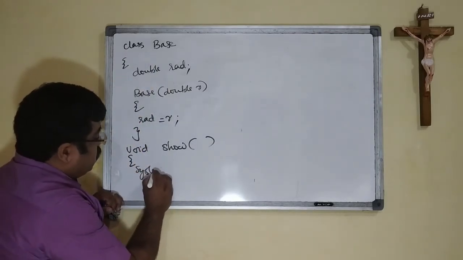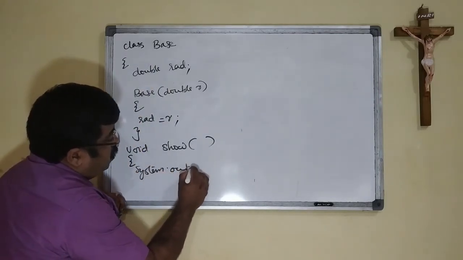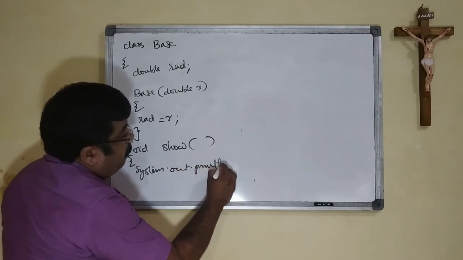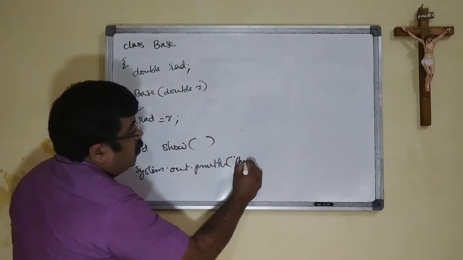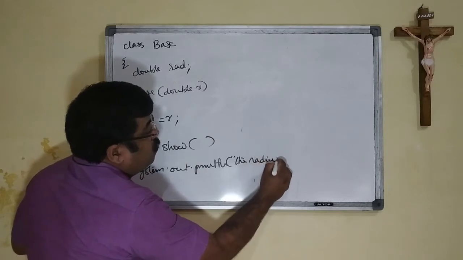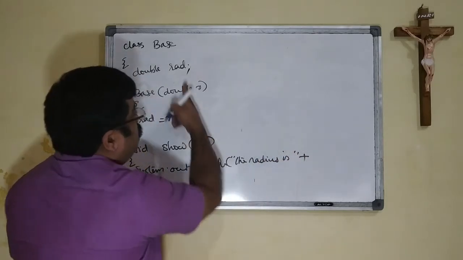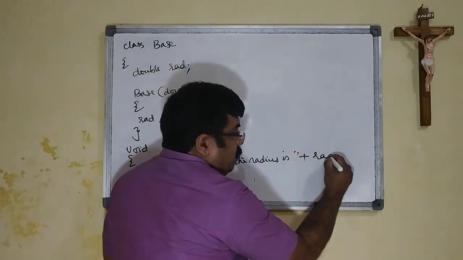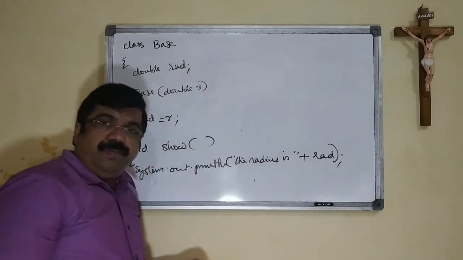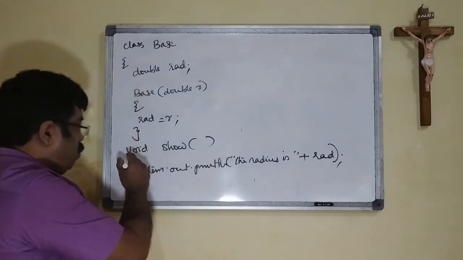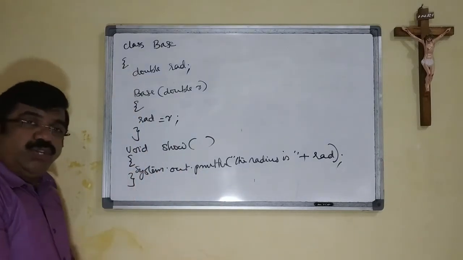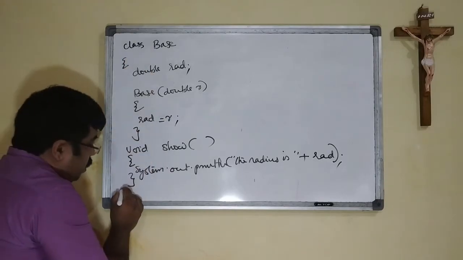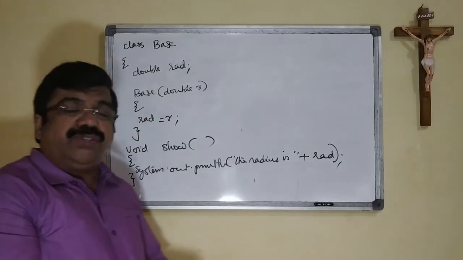System.out.println("The radius is " + the variable I displayed). Okay, now close the void show as well as the class Base.